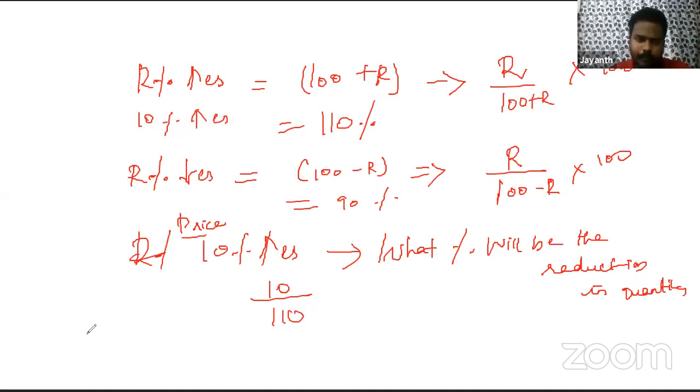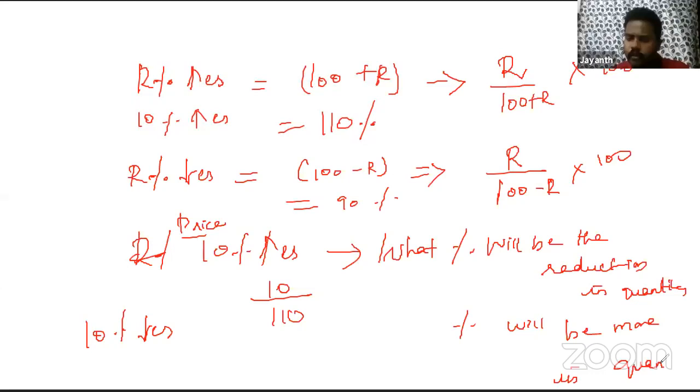If the price decreases by 10 percentage, what percentage will be the increase in the quantity? For this kind of question, it is 10 to 90. Here the 0s get cancelled, 1 by 11 is nothing but 9.09 percentage.